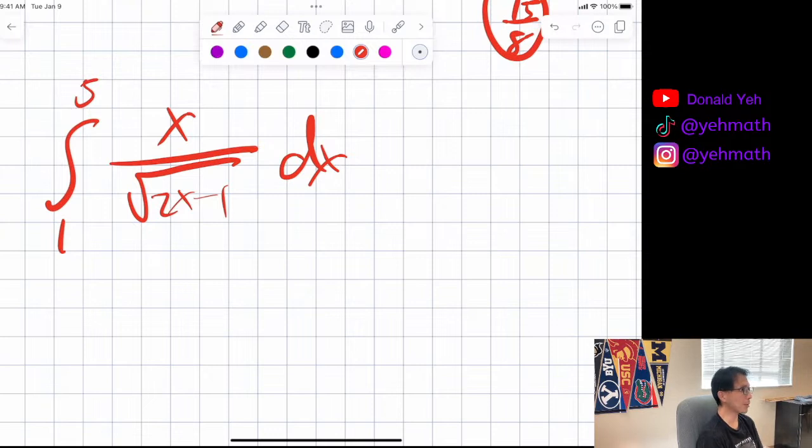Make sure you change your boundary and do it in terms of u.